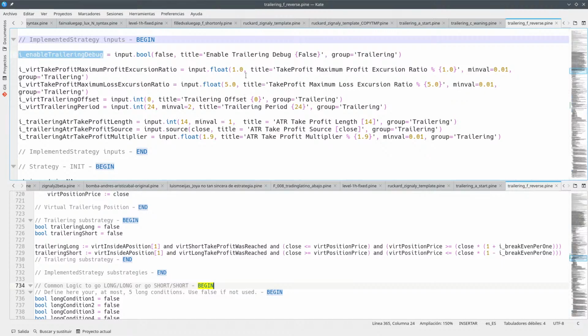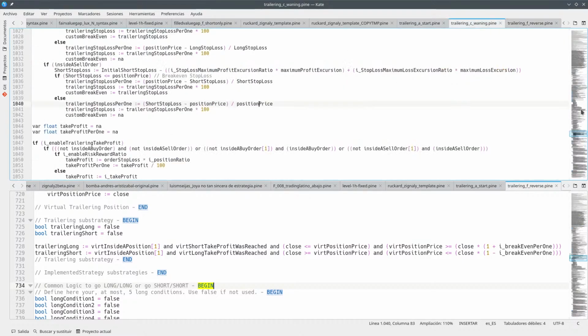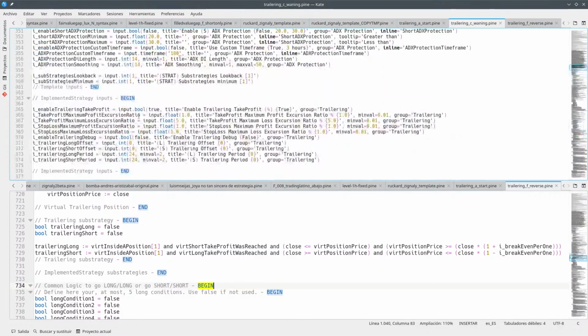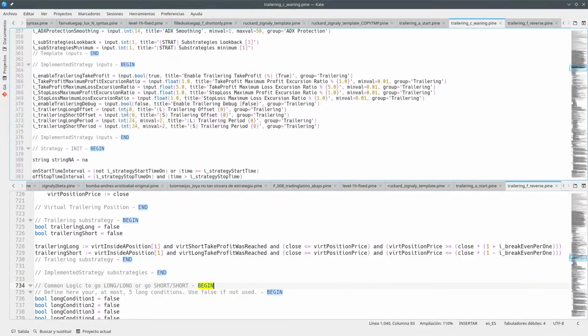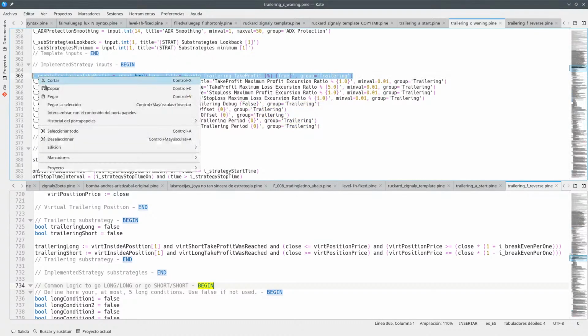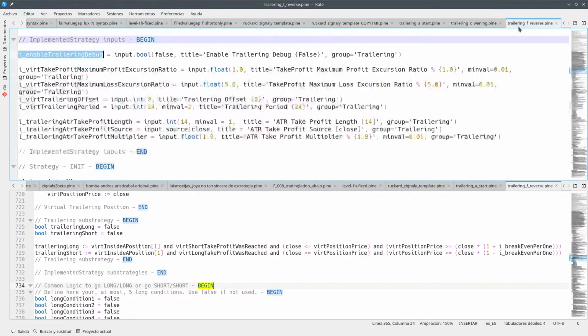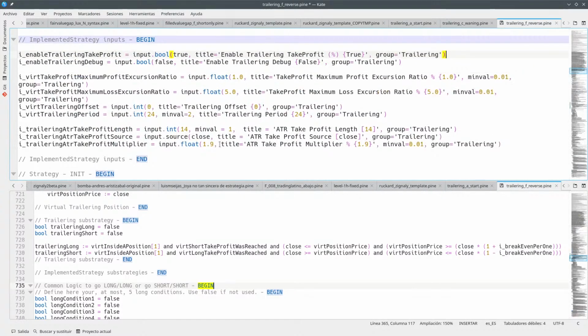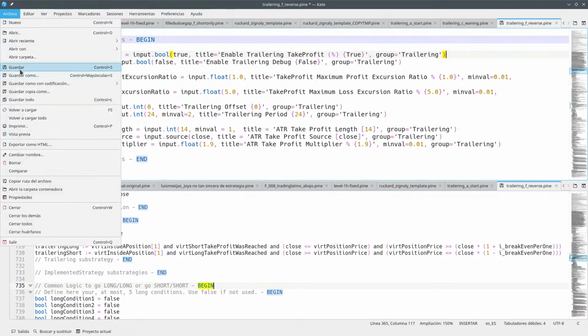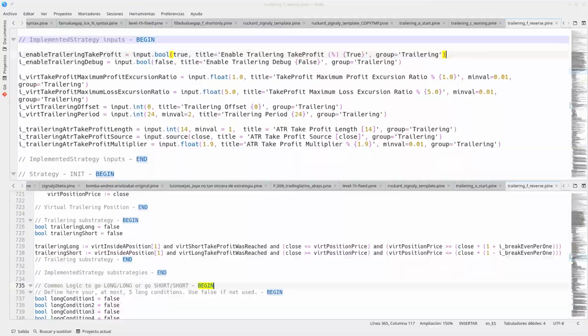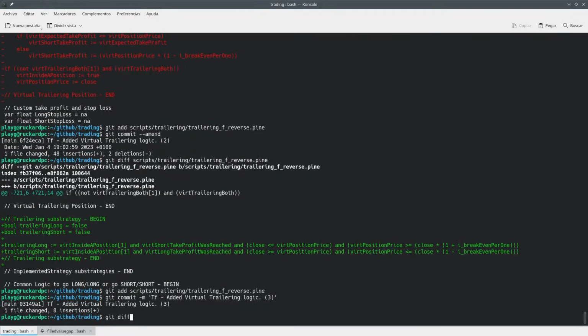Here on C we should have another input, which is enable the take profit. This is the trailing take profit, and this is the part which we are going to check right now.